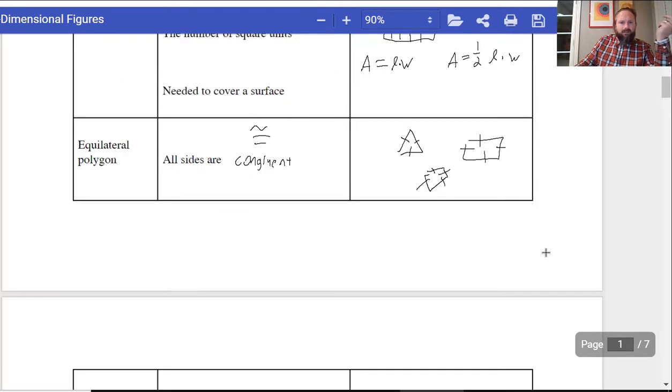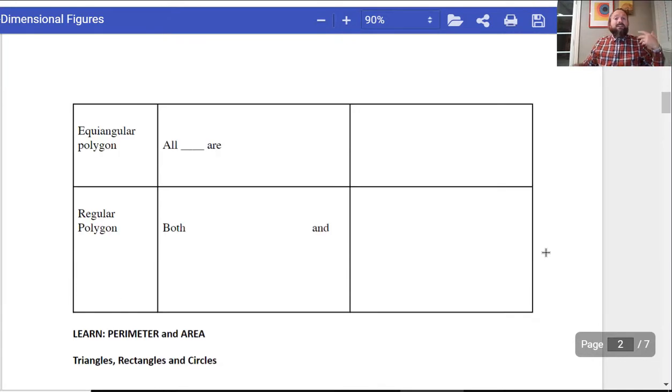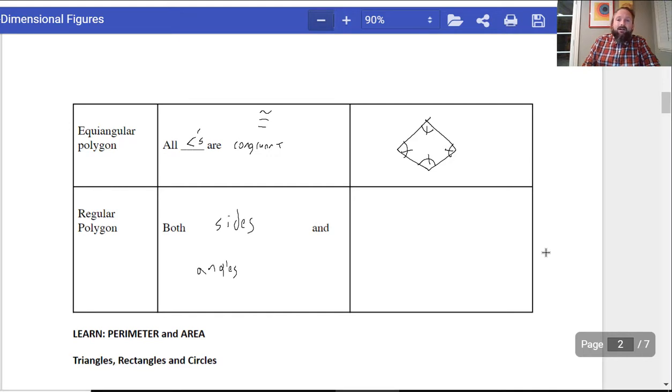All right, let's continue. The final one is an equiangular polygon, where all angles are congruent. On this, we'll see that all the angles are congruent. We'll see this mainly when we're dealing with regular polygons, when both sides and angles are congruent.